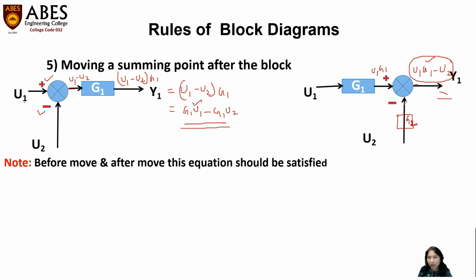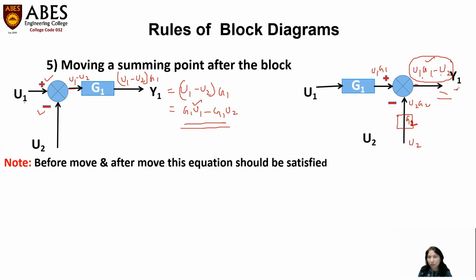what will be the value of this signal now? From here we are getting y2 multiplied by g2, so at this signal I'm getting the value y2 into g2. Now just see, this is the summation point. So now I get the value of y1 as u1 g1 minus y2 into g2.